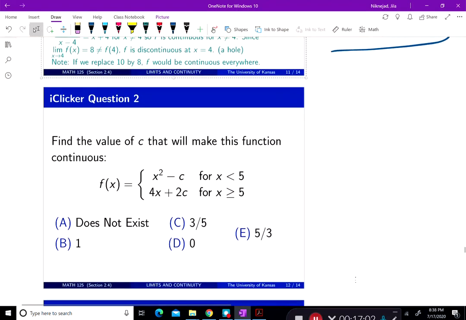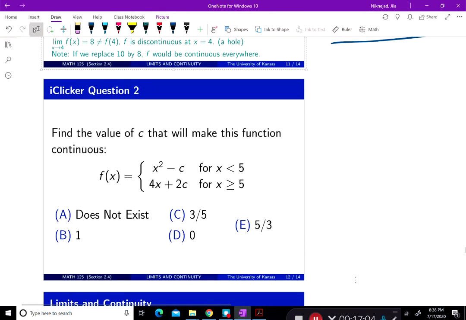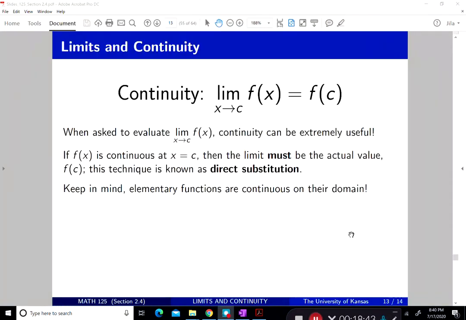So let's do iClicker question 2. So far in this section, we've seen a method that if the function was elementary and within its domain, we actually plugged in the value x equal to c, basically if the limit as x approaches c of f of x.